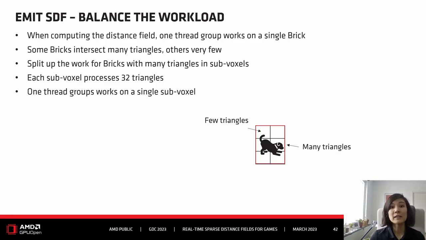To balance the workload better, the work is split up for bricks with many triangles into so-called sub-voxels, and each sub-voxel processes 32 triangles, and one thread group works on a single sub-voxel. So basically, for every 32 triangles that a brick intersects with, we spawn a new thread group.